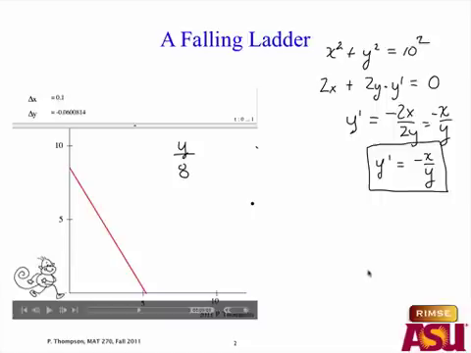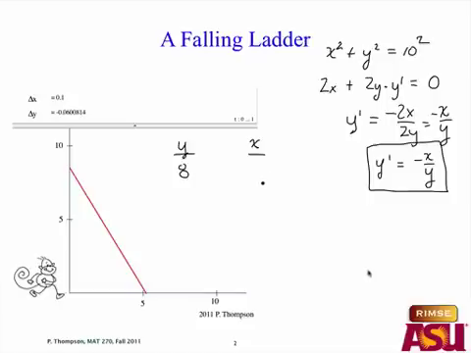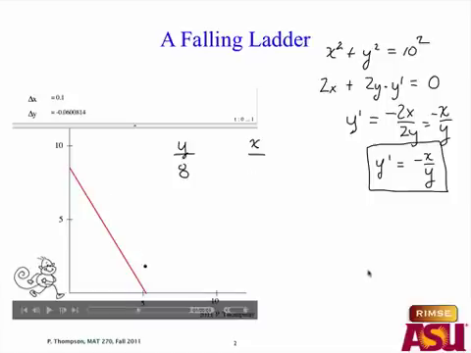This is governing how x and y change together. So if we know y is 8, what is x? Is it 6? The reason it doesn't look like 6 here is because I don't have it at 8 here.